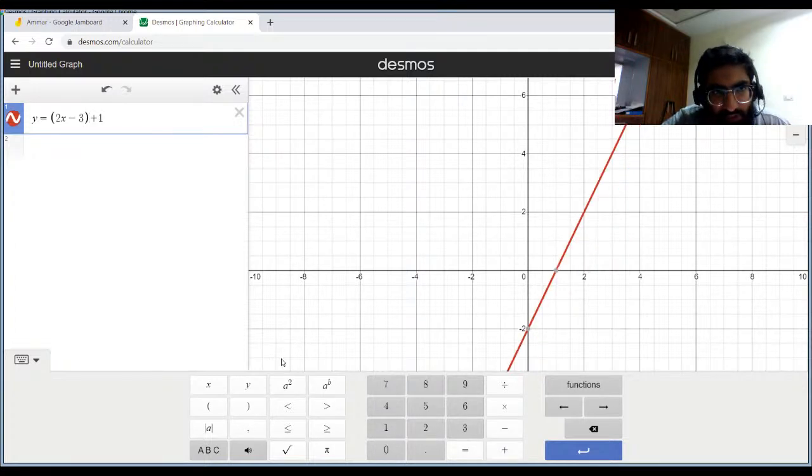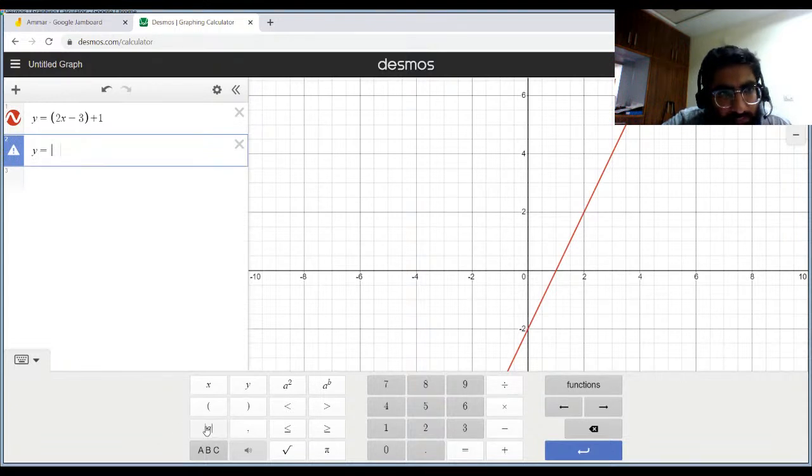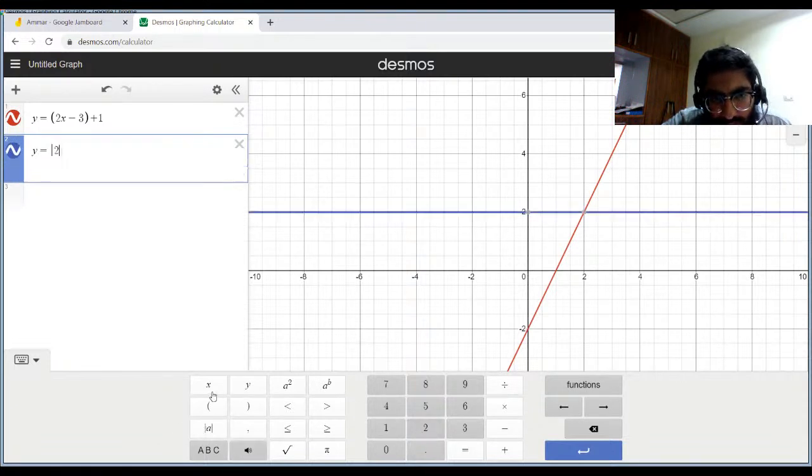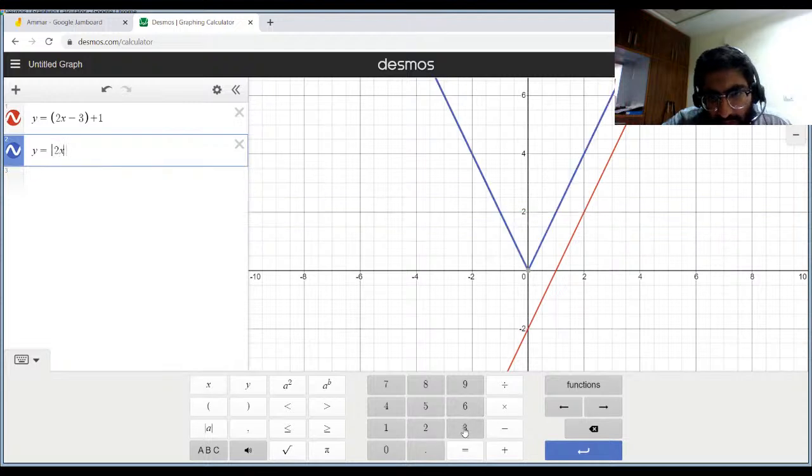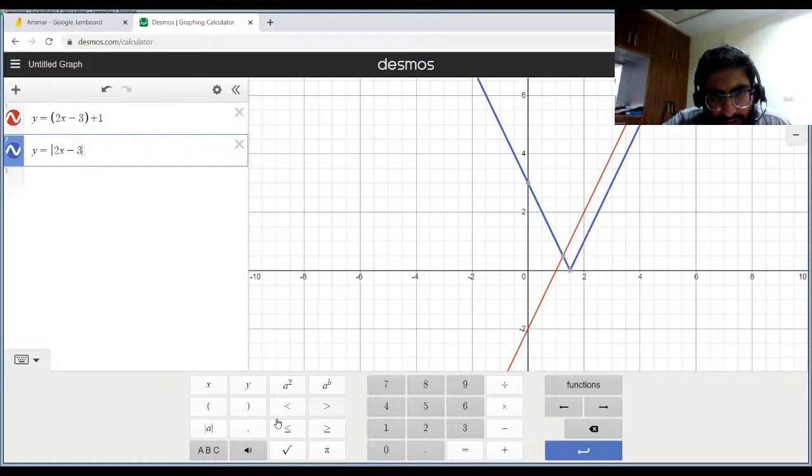So this is the graph, and if I draw a second one, y is equal to mod 2x minus 3 mod, plus 1.